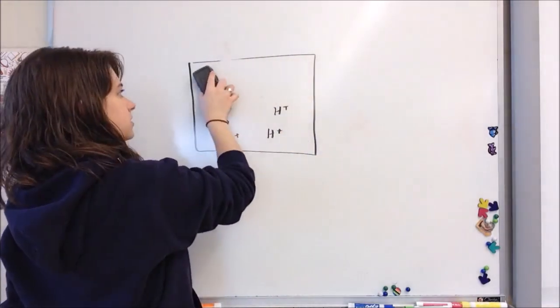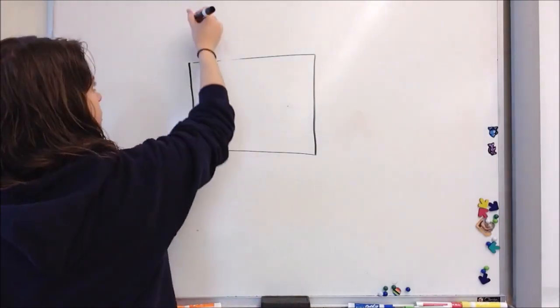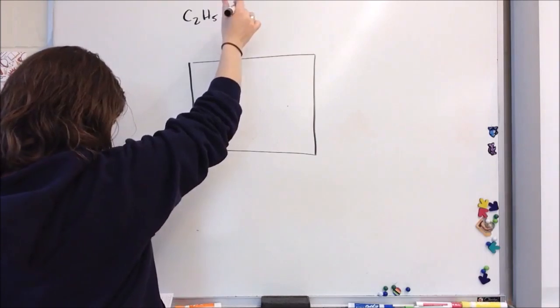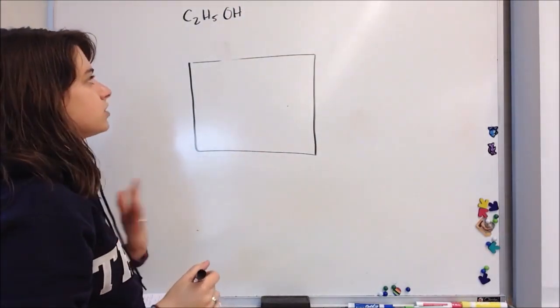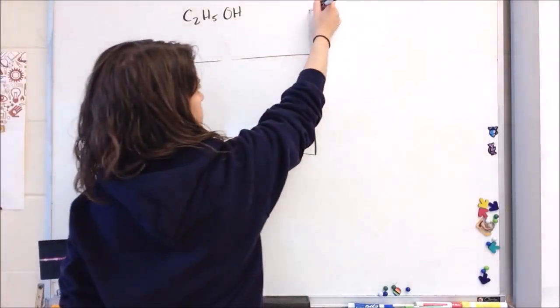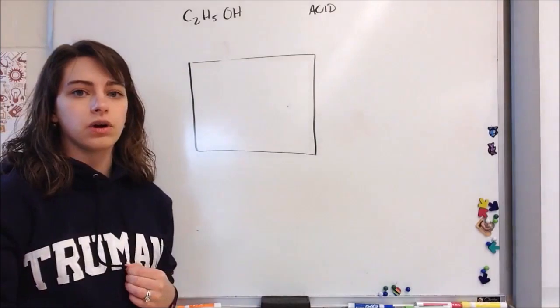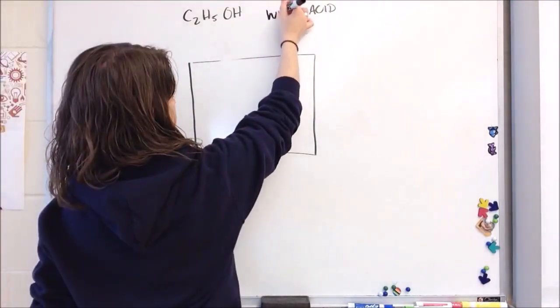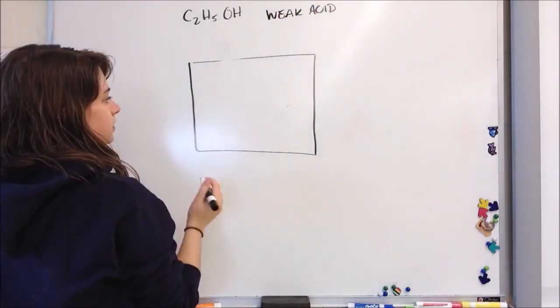I'm going to leave my box. Let's look at C2H5OH. Okay, so C2H5OH is an acid, and it's not on our strong acid list, which means it's going to be a weak acid, which means that it's not going to completely dissociate.